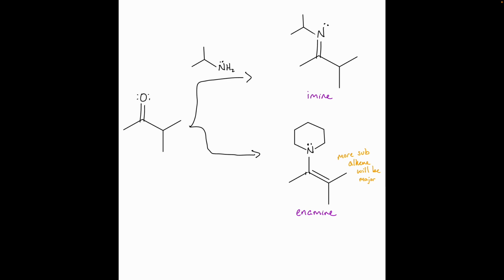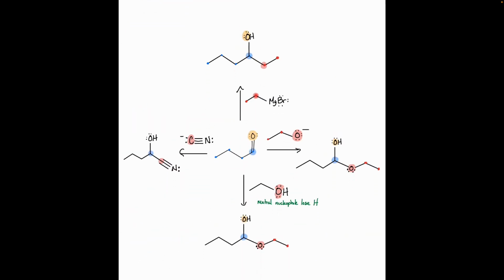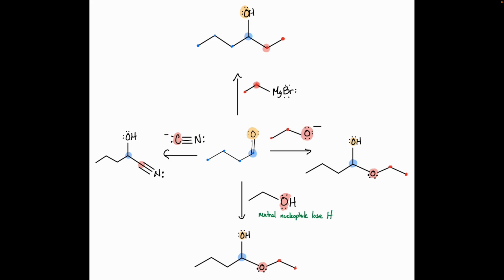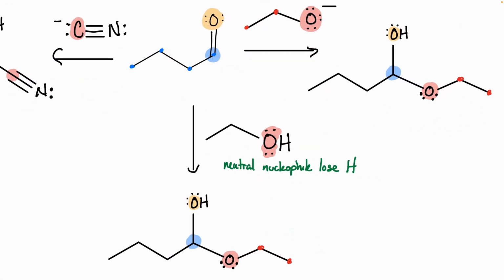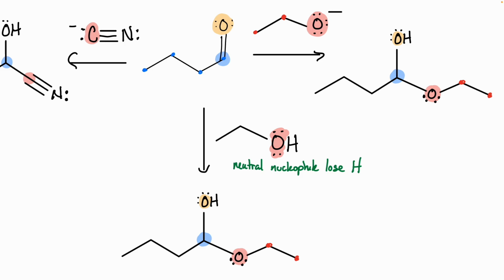Okay, cool. So we talked about these nucleophilic addition reactions of aldehydes and ketones, where we attach the nucleophile to that electrophilic carbonyl carbon. That's the phrase you want to have down in your head: electrophilic carbonyl carbon. If we have a negatively charged nucleophile, we just attach it and it becomes neutral. If we have a neutral nucleophile, we have to remove a hydrogen so it remains neutral when it attaches.